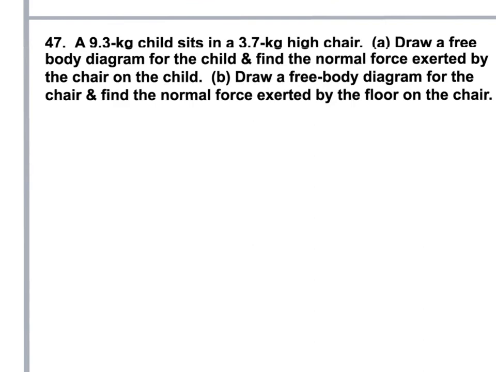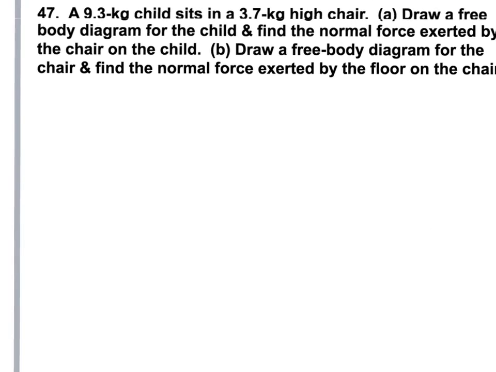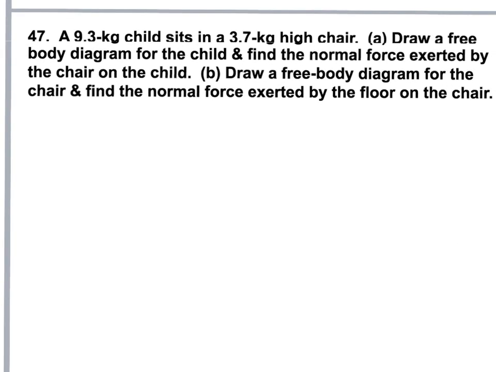So for A, we have a high chair, and we have a child sitting in the high chair. So the free body diagram has to include the forces. So the chair is supporting the child. So we have the normal force, and then the child's weight is acting down. So there's our free body diagram for the first one.